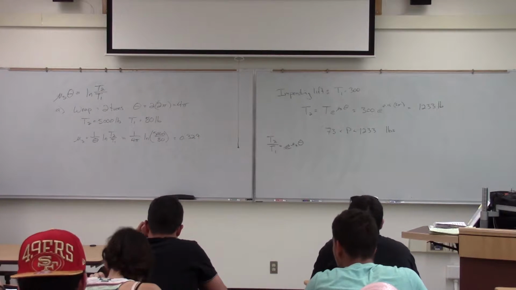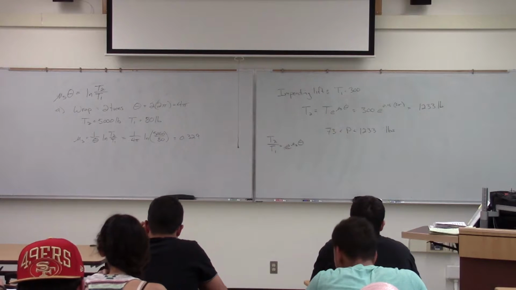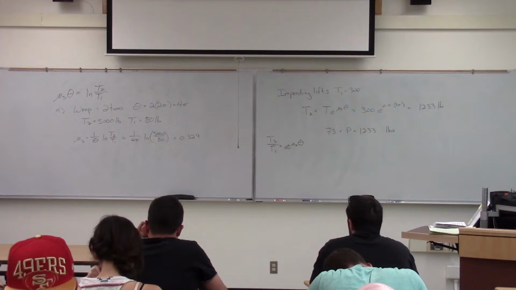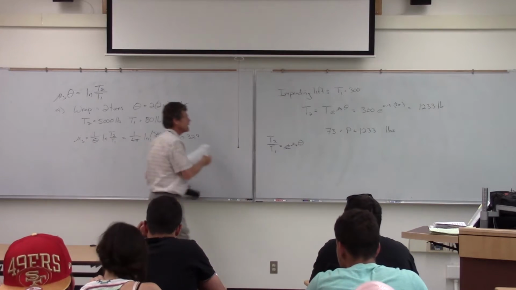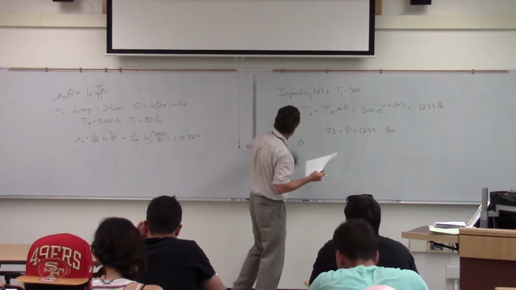Straightforward, basically what it says is I need a coefficient of friction for that particular piece of about 0.33. Easy application. Again, just keep track of what you know.